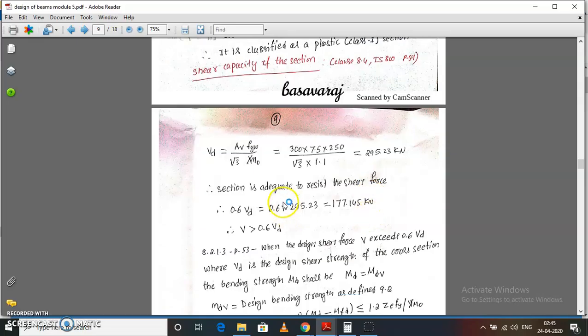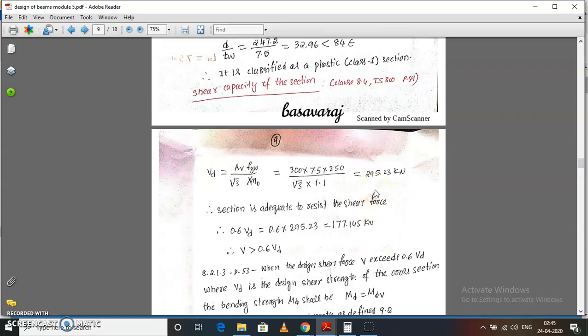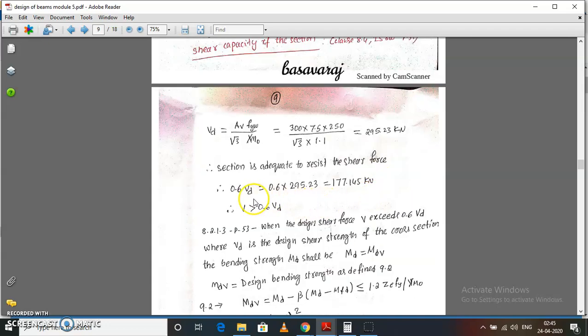Now the section is adequate to resist the shear force because our applied shear force is 180 kilonewton, but it can take 295.23 kilonewton. Now calculate 0.6 times Vd. Vd is 295.23. 0.6 times Vd is 177.145 kilonewton.